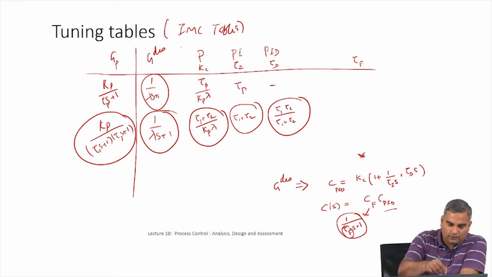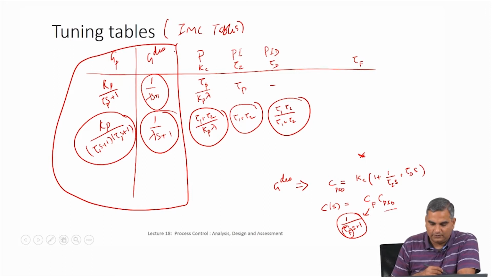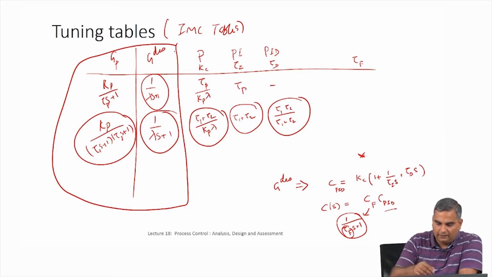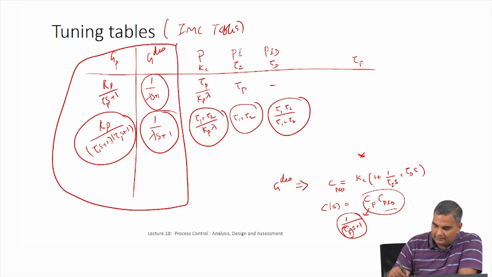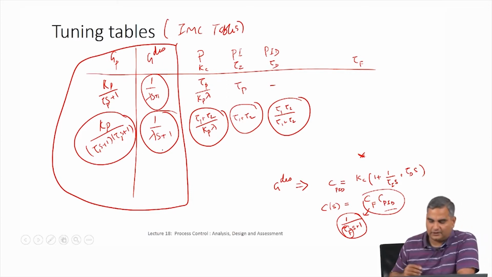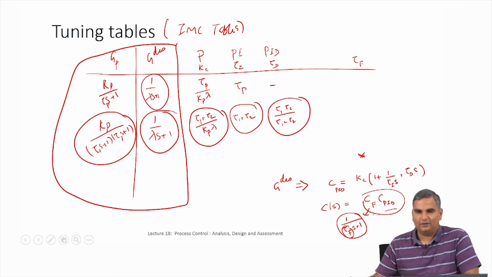So as long as you look at these two columns of these tables, and you are able to simply compute Kc, tau I, tau D based on the parameter values here, and in cases where this is also filled up, then you know that your controller is of this form, and this tau F also will be computed as a function of these parameters. Now you do not have to panic that suddenly I have a PID controller with a filter, what happens?